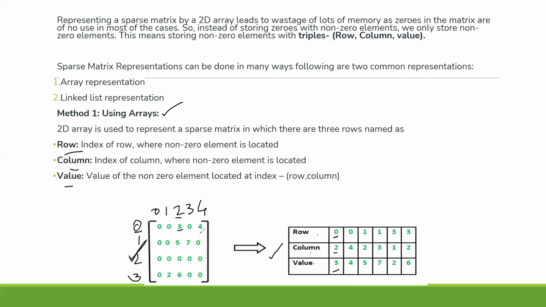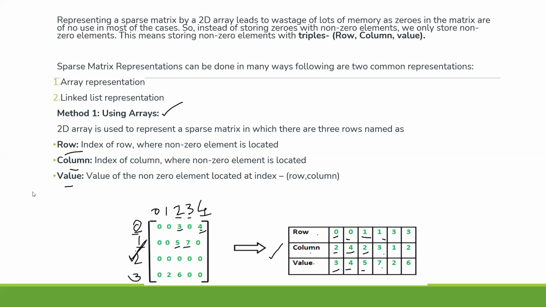Now where is the next value? Row 0, column 4, value 4. Now in the first row, I have column 2, value 5. And I have 7: first row, column 3, value 7. Yes, like this we have to represent it in an array.